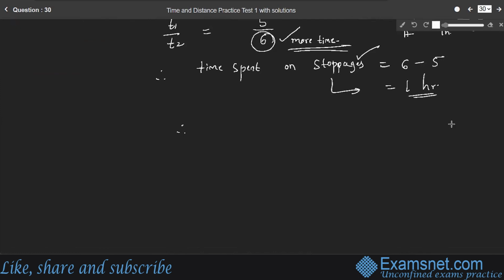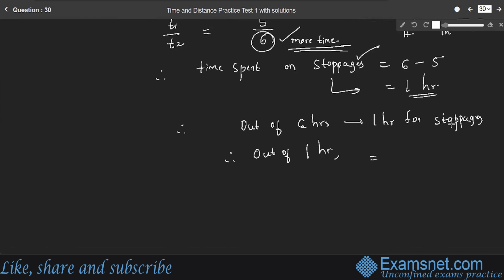Out of 6 hours, 1 hour is for stoppages.